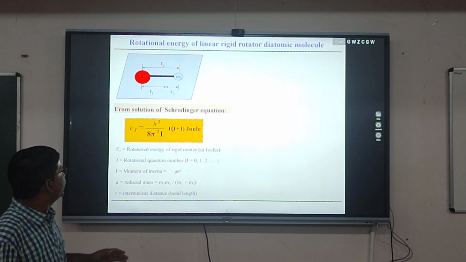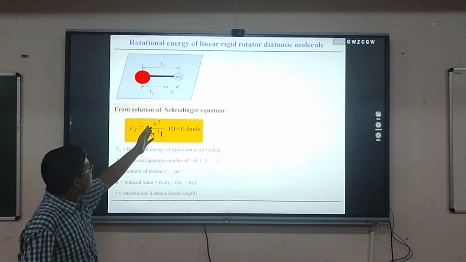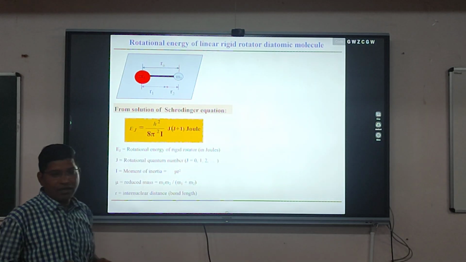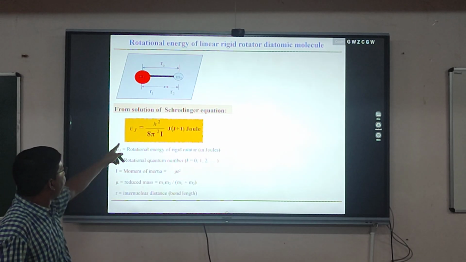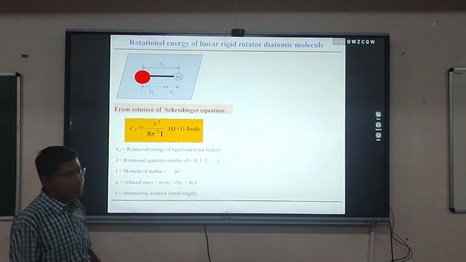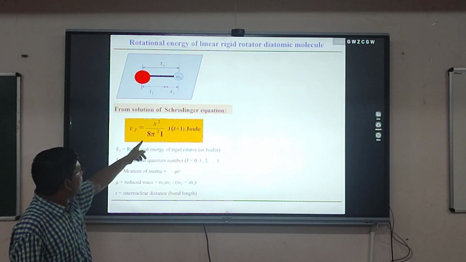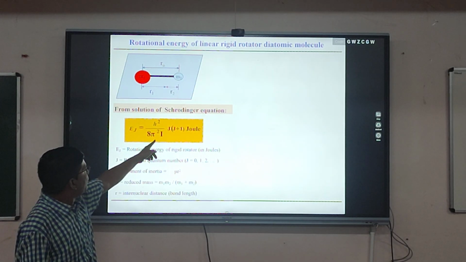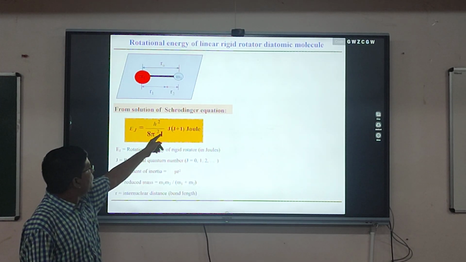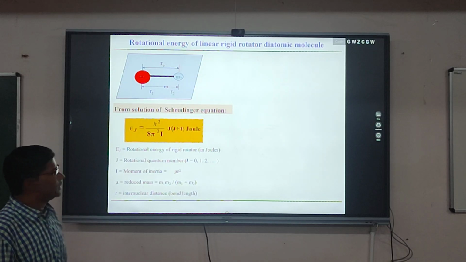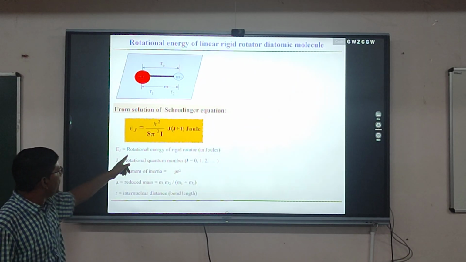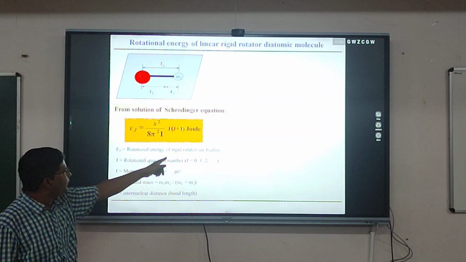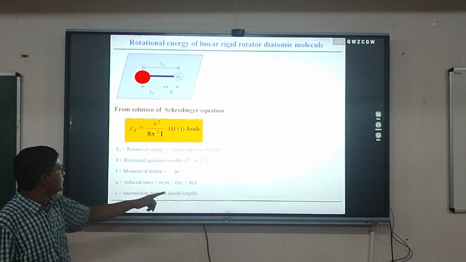Understanding this energy is very important, and based on it Schrödinger gave the equation for the energy of a linear rigid rotor diatomic molecule: Ej equals h squared over 8 pi squared I, into J into J plus 1, in joules. Here Ej is the rotational energy of the rotor in joules.